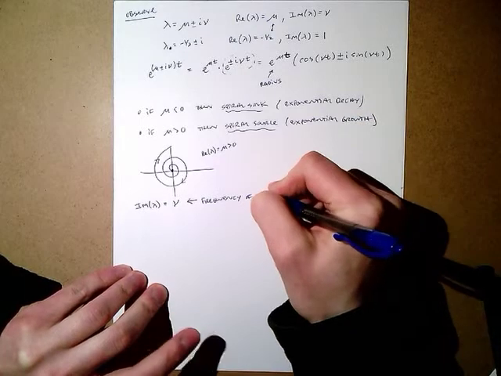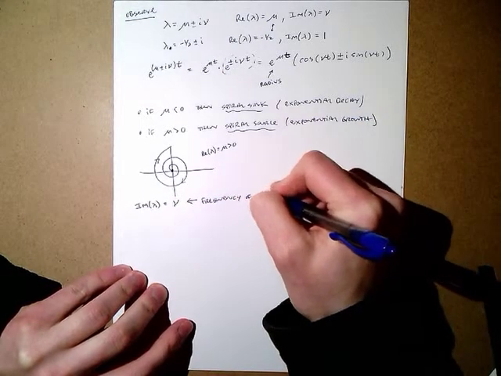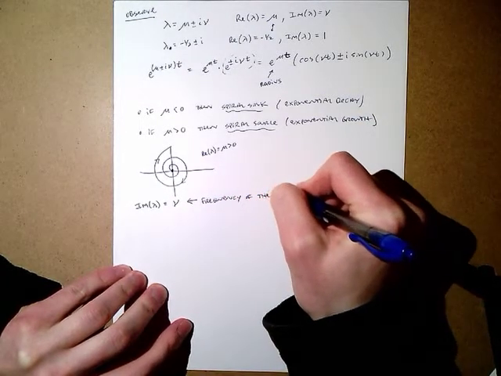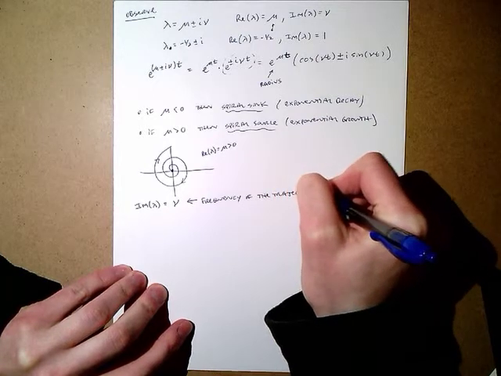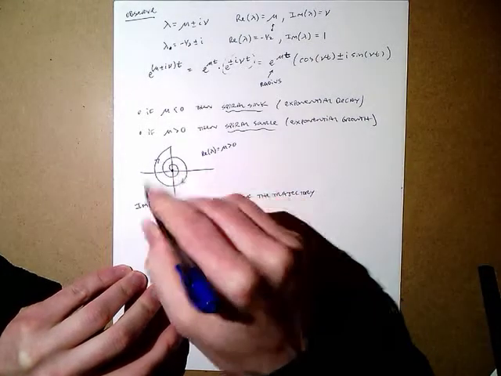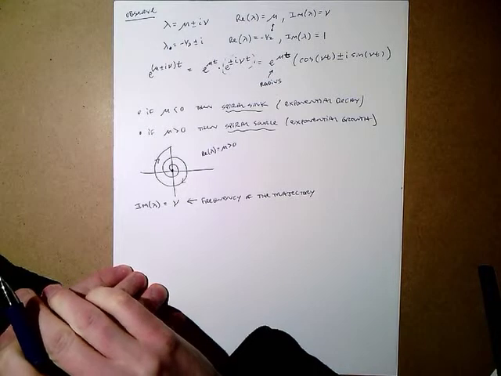This is the frequency of the trajectory. Now, this tells you how fast the trajectory doubles back on itself with time.